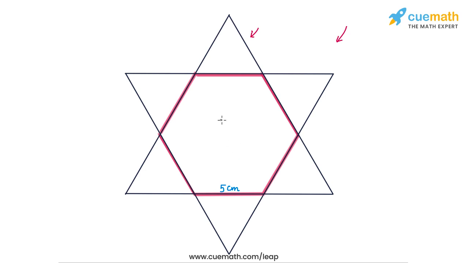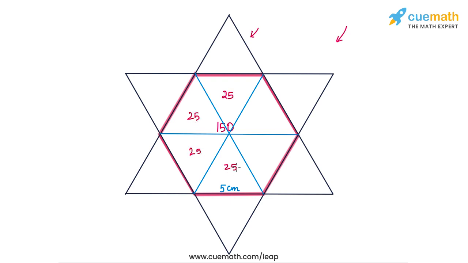So we saw earlier that inside the hexagon of side 5 centimeter we can fit 150 triangles, because we can cut up this hexagon into 6 equilateral triangles of side 5 centimeter, and each of these 6 triangles can fit 25 equilateral triangles of side 1 centimeter.